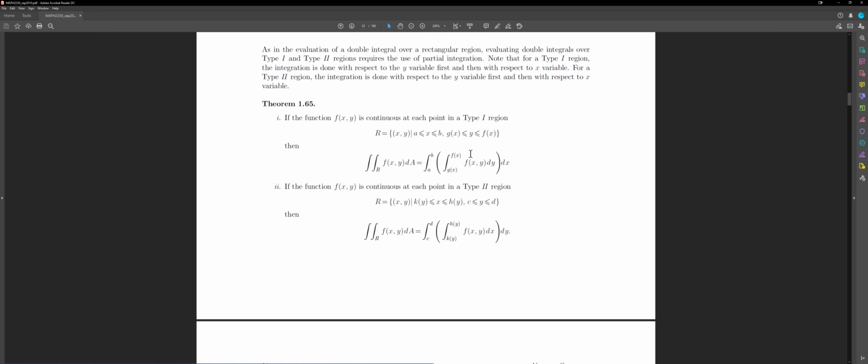It's similar to the case when R is rectangular. If you integrate with respect to y, what you need are y values here, and now the y values are not going to be constants. The y values are in fact going to be functions of x.